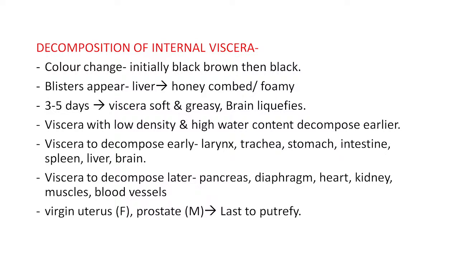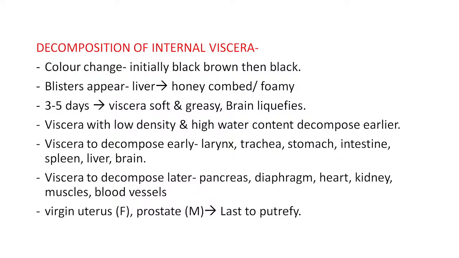Then this is important: viscera with low density and high water content will decompose earlier, and viscera with high density and low water content will decompose later. Okay? The viscera which decompose earlier are the larynx, trachea, stomach, intestine, spleen, liver, brain.